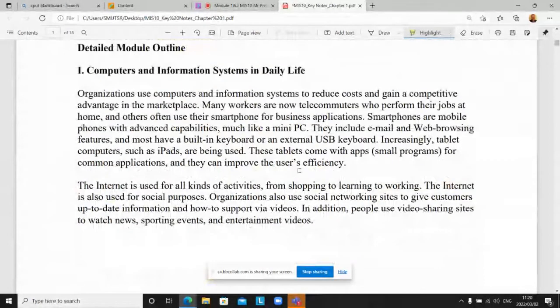Okay, computer systems in daily life. I don't think there is much that I need to really discuss there. You guys know what a computer looks like. You know about tablets. I'm not going to do this with every single comment in this document. I don't have the time today, and I'm sure you don't have the time either for a 4-hour lesson.